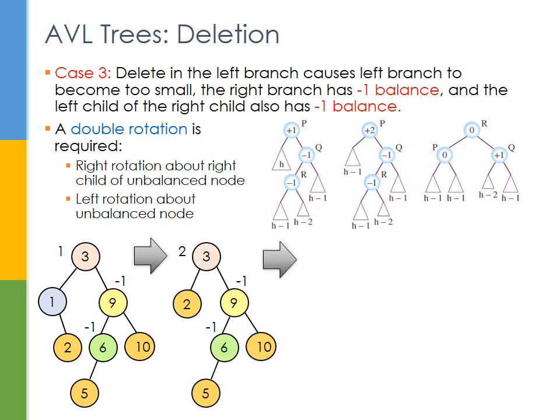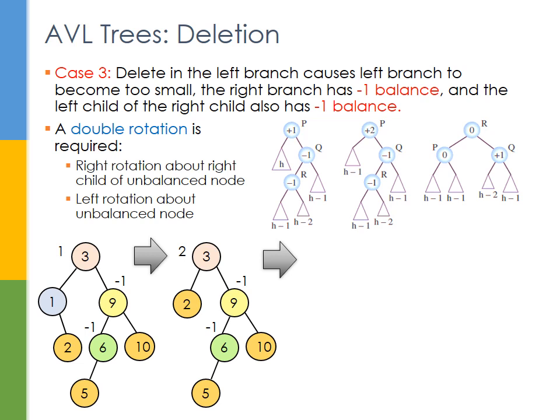So this is the tree that results from this deletion, and we then need to update the balance factors of node 2, which will update to 0 because it has no children, and then the balance factor of its parent node will be updated by adding 1 to its original value, giving a balance factor of +2.